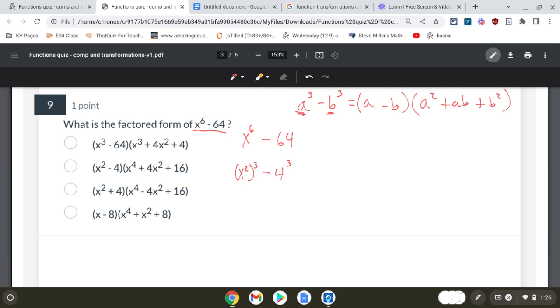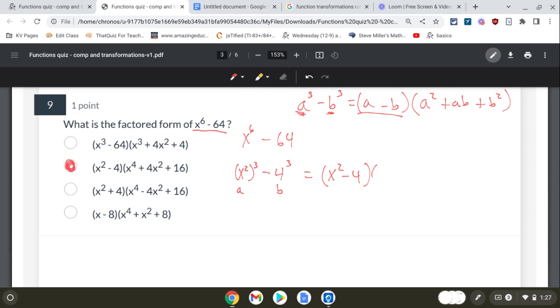So now all of my a's are going to be x squareds, all of my b's are going to be 4's. So the factored form is going to go a minus b, which is x to the second minus 4. Okay, that already tells us our answer, basically. Yep, it's got to be this one.